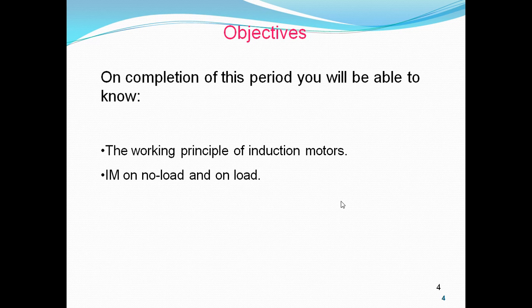The three phases are started internally and the other three windings are brought out. So that means in a rotor winding, how many terminals will be there? Three starting, three ending.